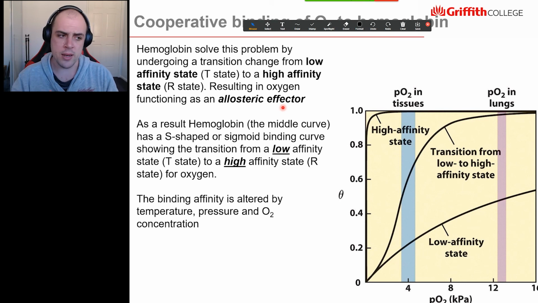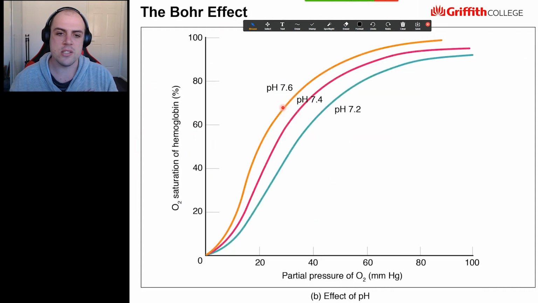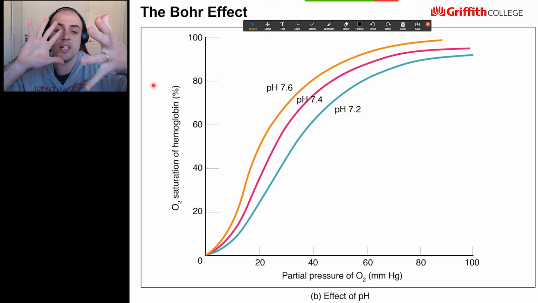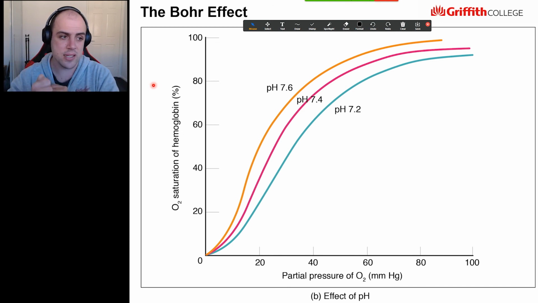The problem then is, how do we turn it from R state back into T state? How do we get it to get rid of those oxygen molecules? That's where this Bohr effect comes in. If we change the pH, it helps lower that binding affinity, getting rid of those oxygen molecules, which causes it to convert towards a T state.